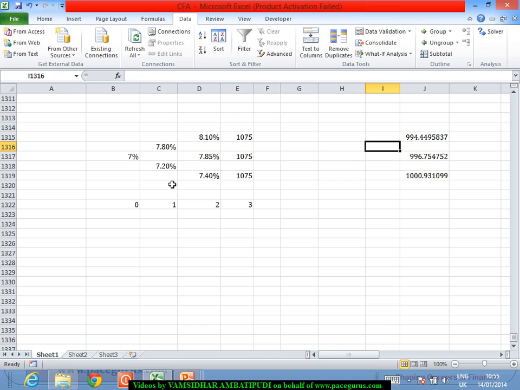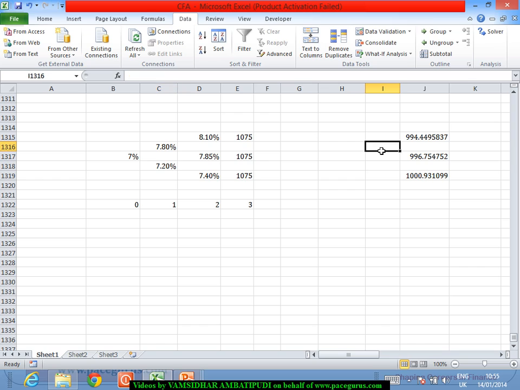If I want to know the value at this point, because 8.1 is possible only if the interest rate was 7.8 in the previous period. And 7.85 is possible under both the conditions. Either it could have been 7.8 or 7.2 with equal probabilities.